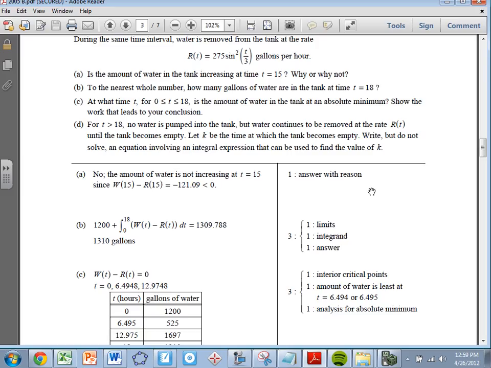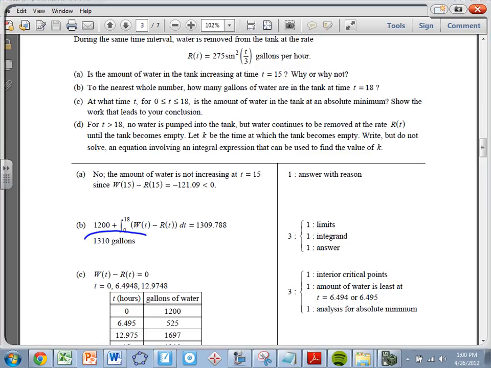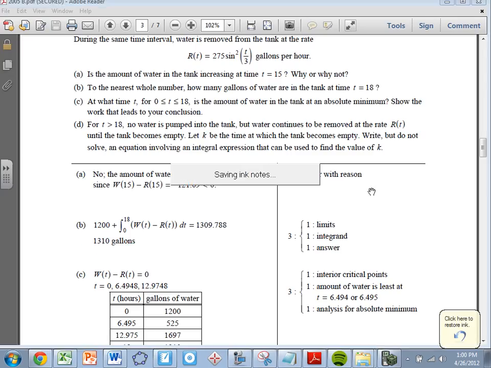All right. So at time equals 18, how much water do I have again? 1310. We solved that, right? So you see how part A or part B is going to impact the next part? So now I've got 1,310 gallons. I want to lose 1,310 gallons, right? Because I want to get to empty.